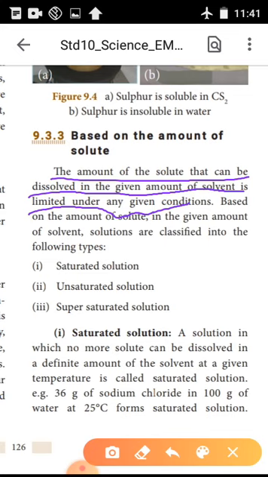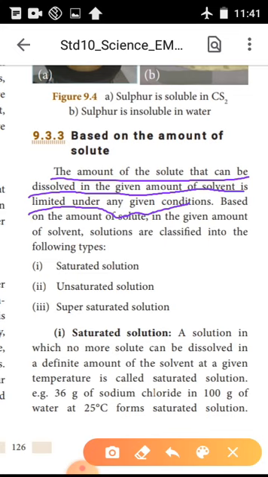The amount of solute is dissolved in a given amount of solvent under given conditions. Here conditions means, for example, temperature and pressure. At a particular temperature and particular pressure, if the given amount of solute is completely dissolved in a given amount of solvent, that is the third type of solution.